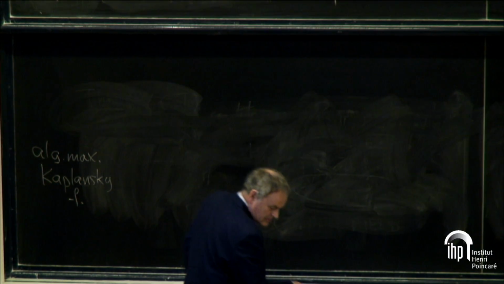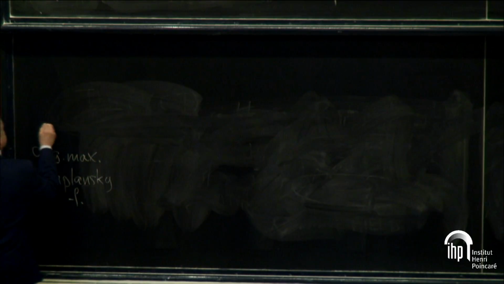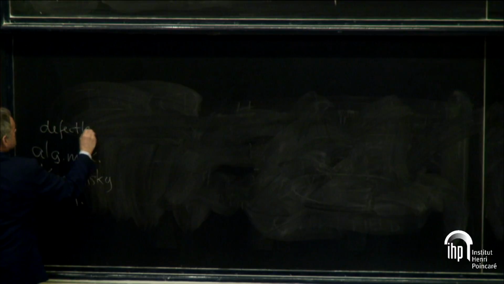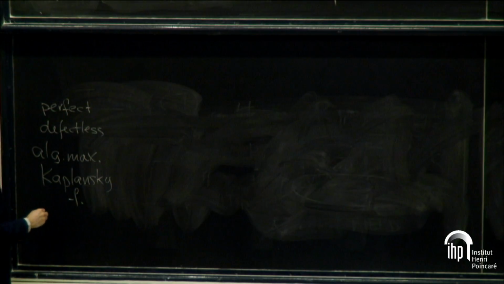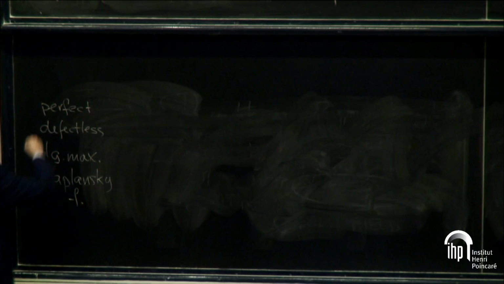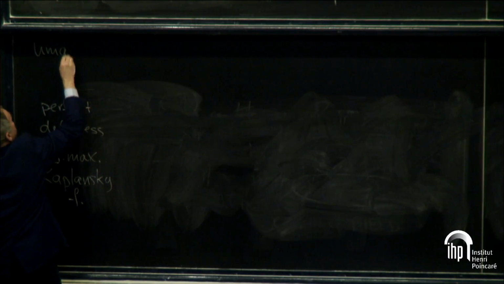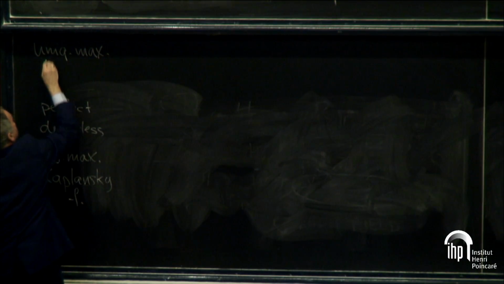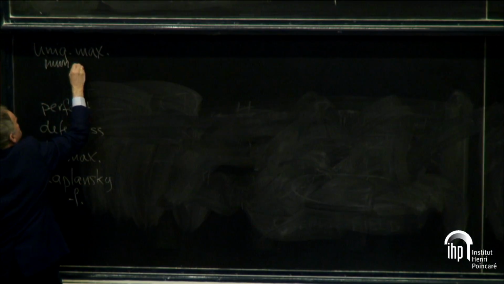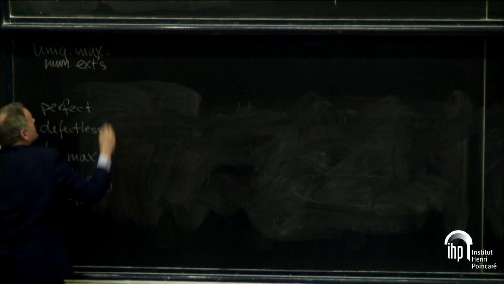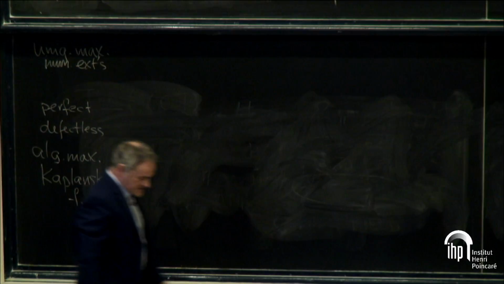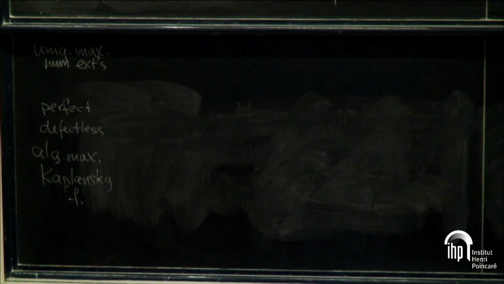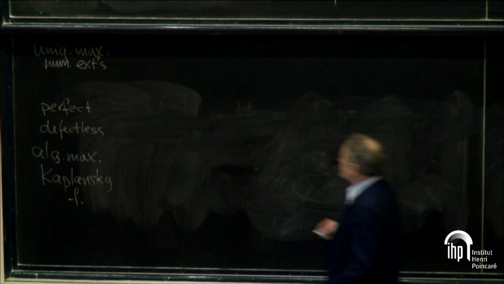They are defectless, perfect, and they have uniqueness of maximally immediate extensions, which is often a very nice tool for proofs. But they are somehow awkward. This condition about the residue field is a little bit unnatural in a way. Well, that's better for tame fields.